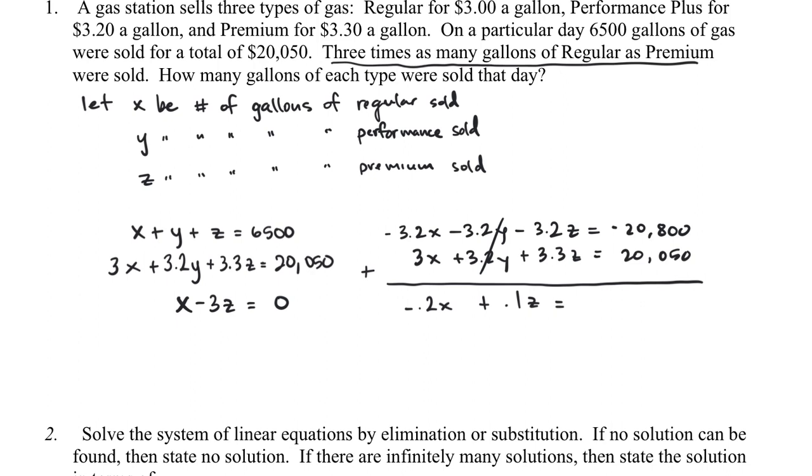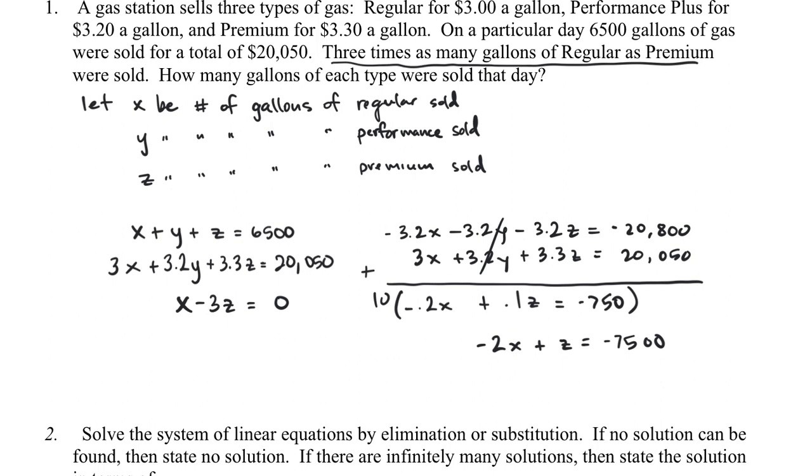And then negative 20,800 minus 20,050 is negative 750. Now, I'm not thrilled to have decimals here, so I'm going to multiply that by 10 just to get rid of the decimals. So that's going to become negative 2x plus z equals negative 7,500.